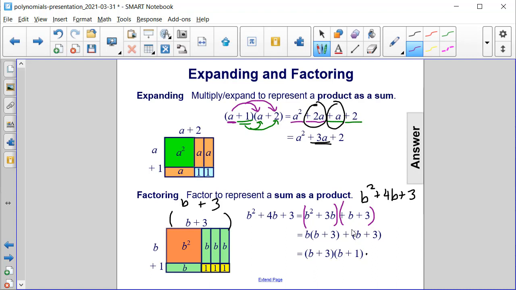And in the second one, we can factor out a plus 1 and be left with b plus 3. And then notice we have this common factor of b plus 3 in both of these terms, so I can factor that out as well. And when doing so, we will be left with b plus 1 as our second factor.